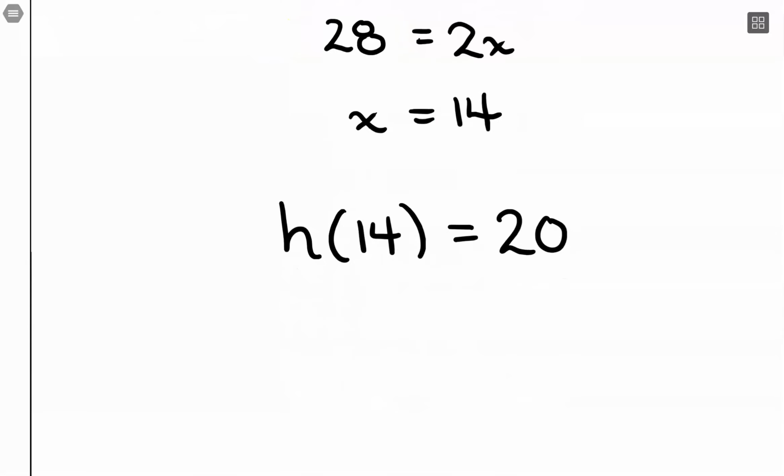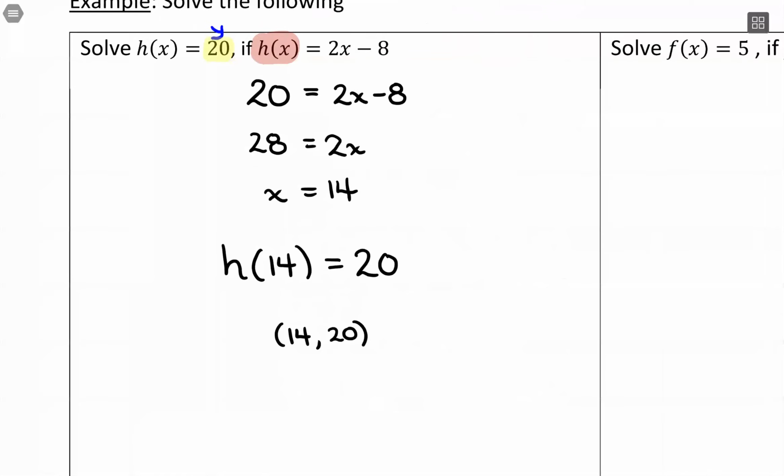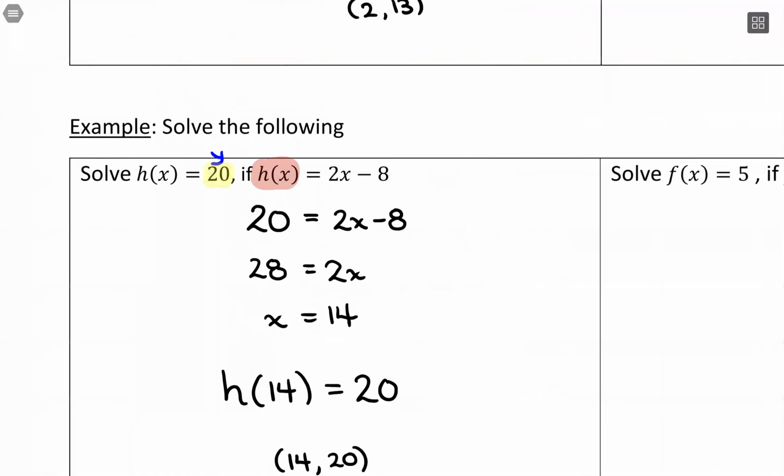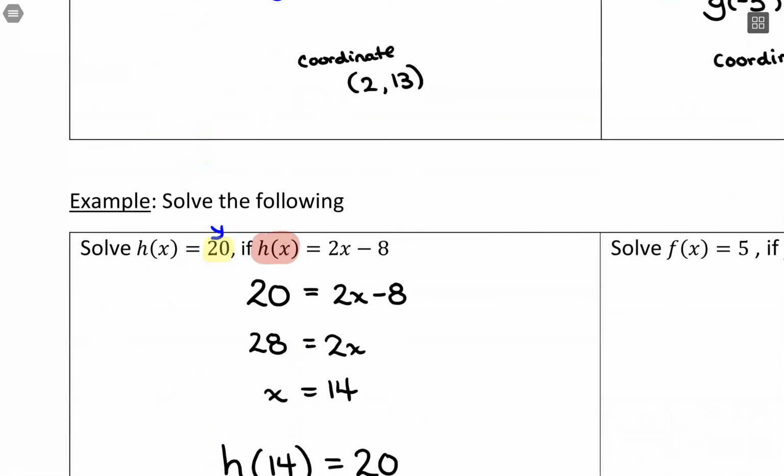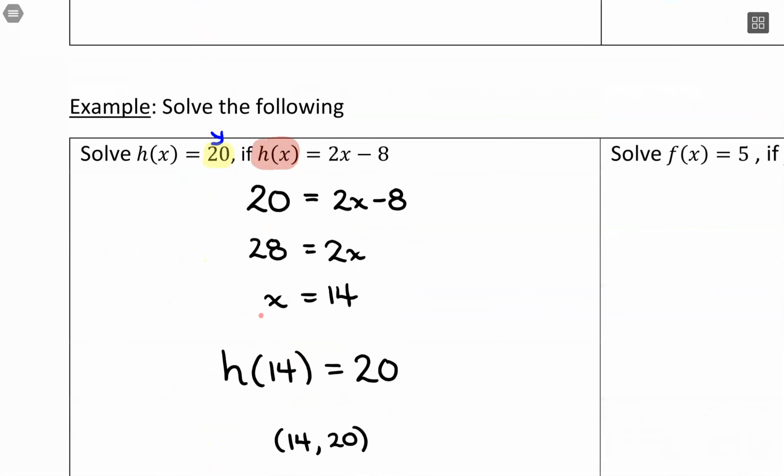And if we wanted to write that as a coordinate, we'd have x equals 14 with an output of 20. So that's the difference between these two ways of working with our functions. I mean, there's many different ways we can work with our functions, but in this video, the idea of being given x and solving for y versus being given y and solving for x.